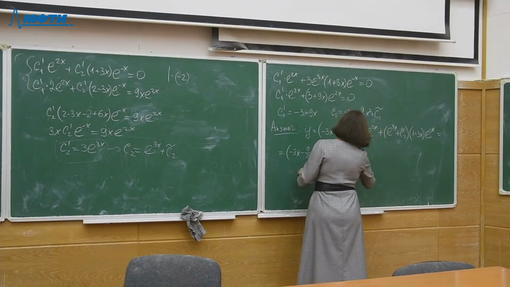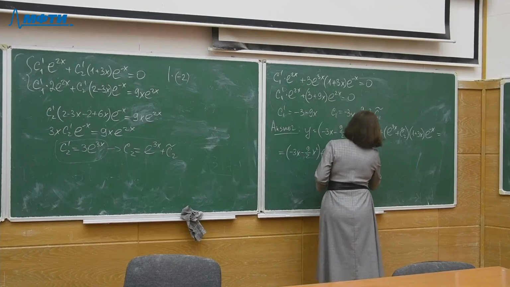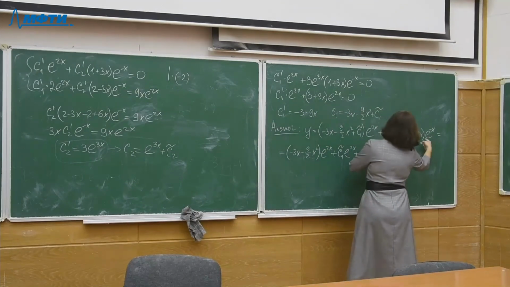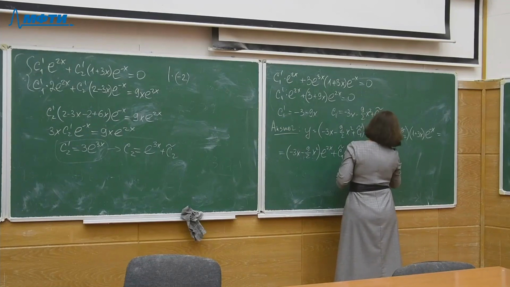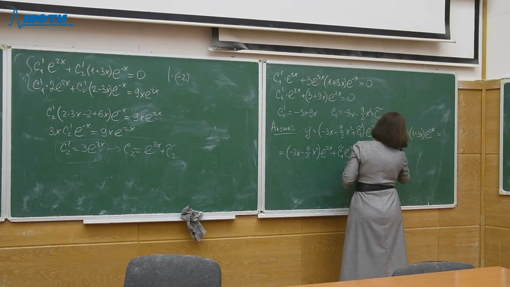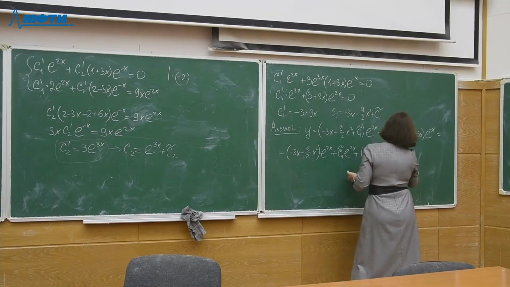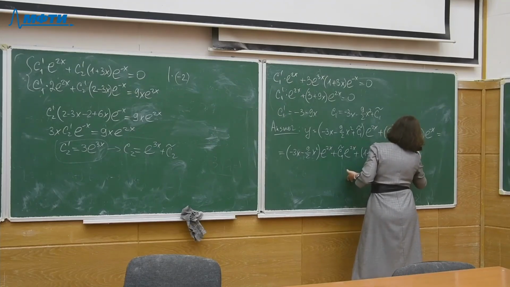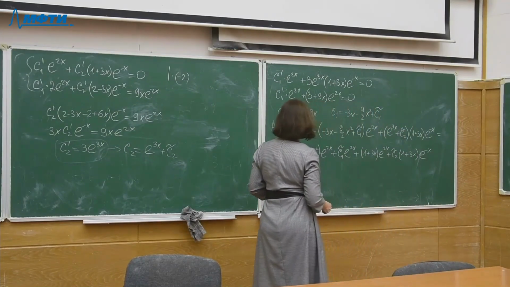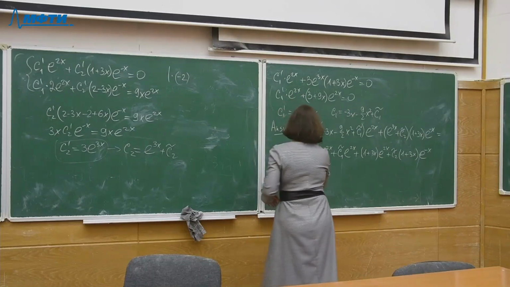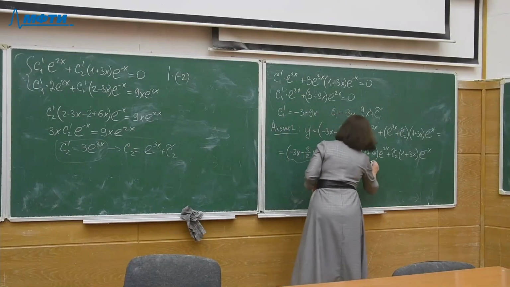C1 tilde e to 2x plus, if we multiply this, we will get (1 plus 3x) times e to 2x plus C2 tilde (1 plus 3x) e to negative x. And we can find the sum of these two terms.